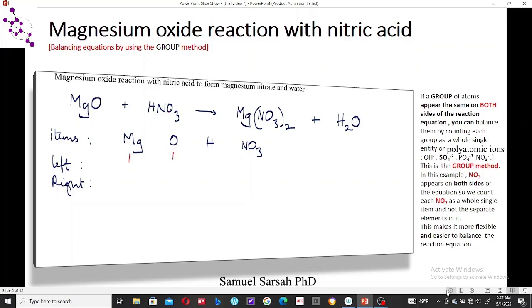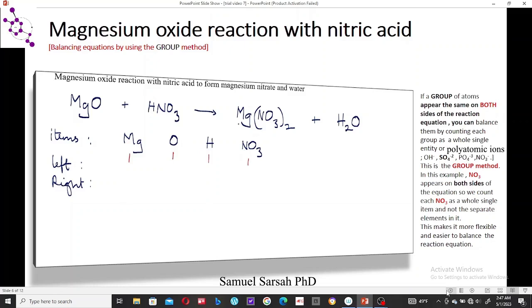Of course there's one here, but that is together as a group, so I'm not counting this one because this NO3 is just one thing all together, so which is just one here. And for hydrogen we have one.